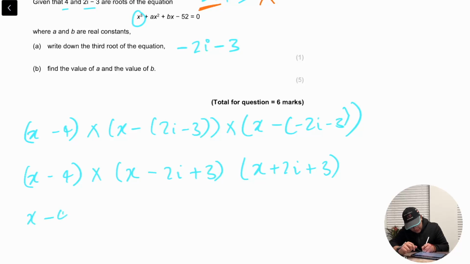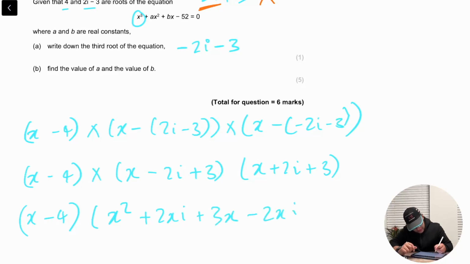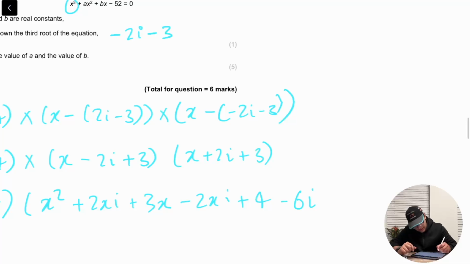So it's x minus 4 with x squared minus 2xi, plus 2xi, and then plus 3x minus 2xi, minus 4i squared, which is just plus 4, and then minus 6i plus 3x plus 6i plus 9.